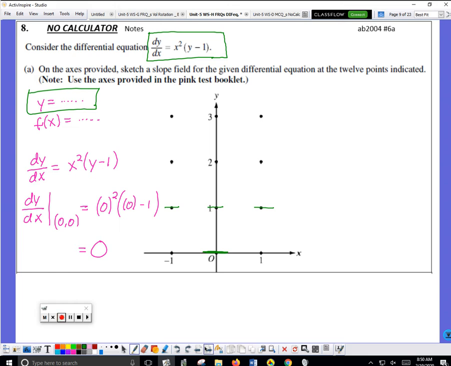If the solution to the differential equation goes through this point, it will have an appearance like this. The tangent slope will be flat at that point. So it's possible that the curve for y does this. It's also possible the curve for y does this.